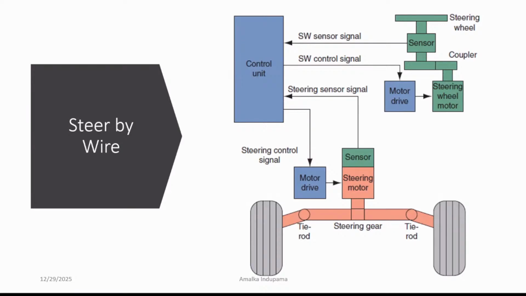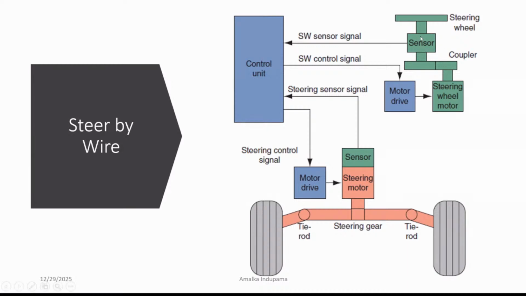Right, then we have reached the final part, steer by wire. Nowadays, we have drive-by-wire systems where we don't have any mechanical linkages between the steering wheel and the steering gears and the wheels; we have the connection using wires or electronic signals.